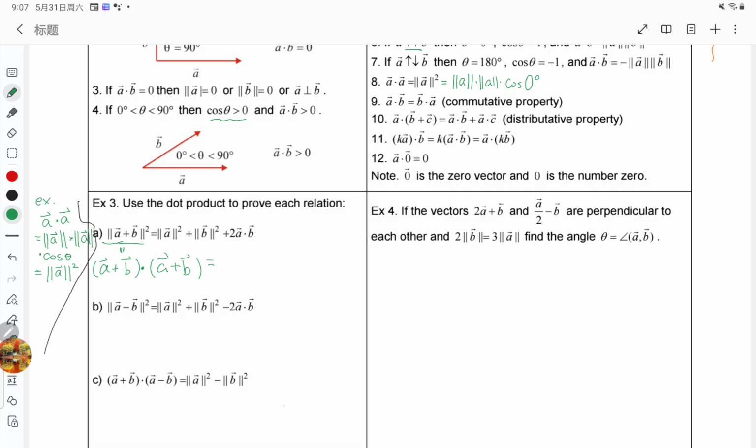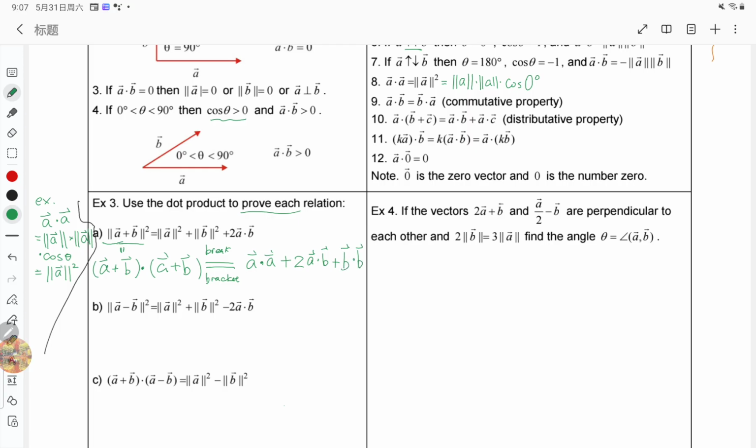In the same way we also write the other ones. To prove each relation, we can just break the bracket and expand it. You can see a inner product with a, plus ab and ba, so 2ab when you break the bracket, and then plus b vector and b.